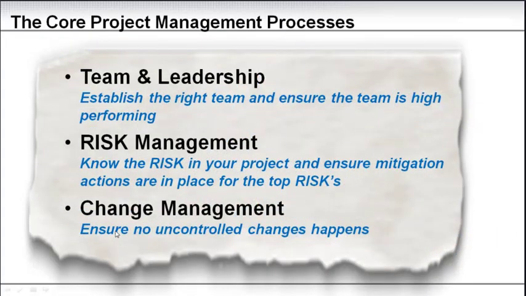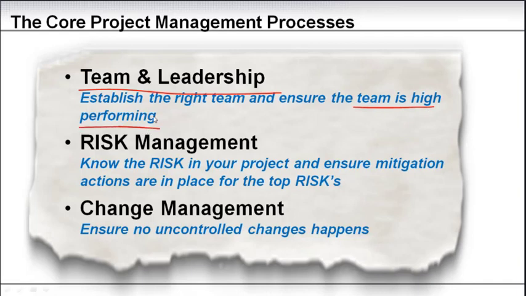In my view, and from the lessons learned from running projects around the world, there are a few processes which, if not in place, you are sure to fail before you have even started. And that is, first of all, team and leadership. If you don't have the right team, you will not succeed. You need to ensure you have a team that has the skills to perform the task and that is capable of performing the task very effectively.